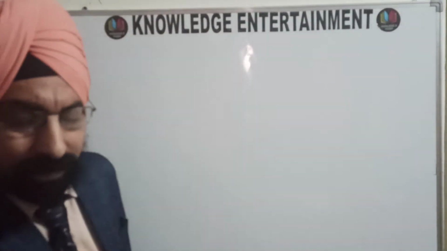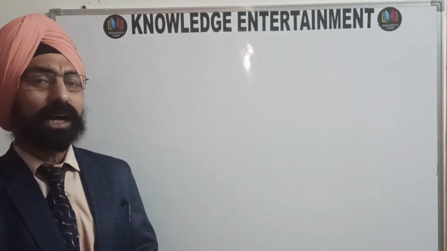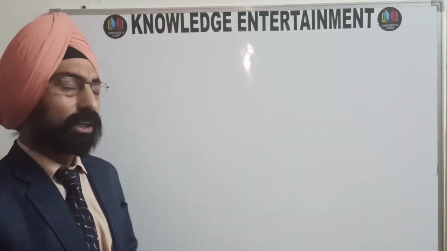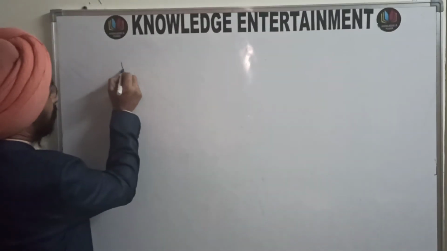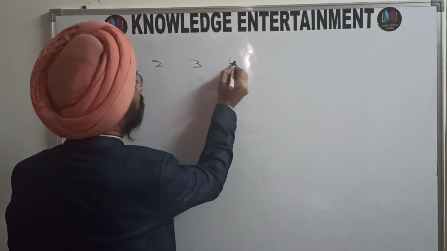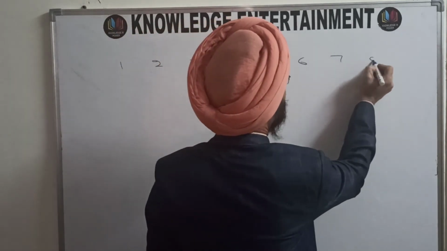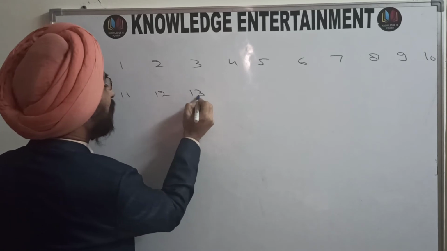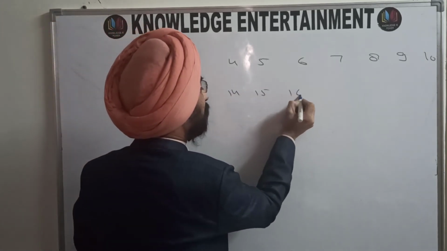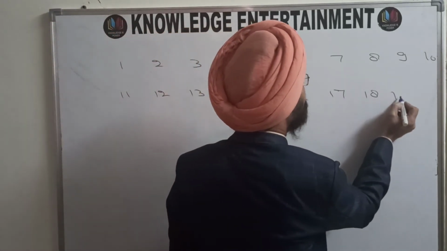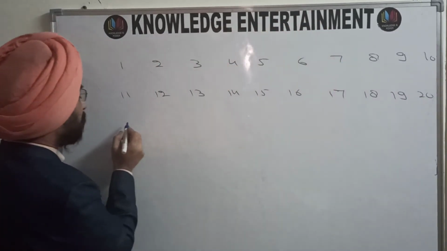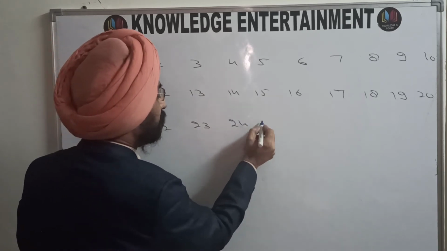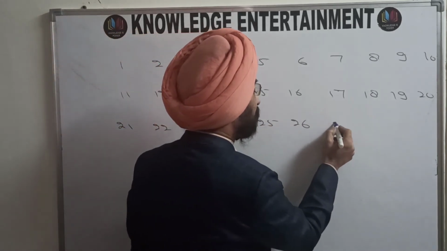And now, the sieve of Eratosthenes: how to identify prime numbers from the list of natural numbers. I'm going to write here natural numbers from 1 to 100, and then I will use the method of the sieve of Eratosthenes to locate the prime numbers among these.